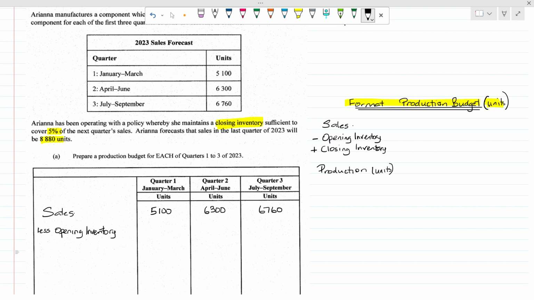Yeah? So they say that the closing inventory must be sufficient to cover 5% of the next quarter's sale.